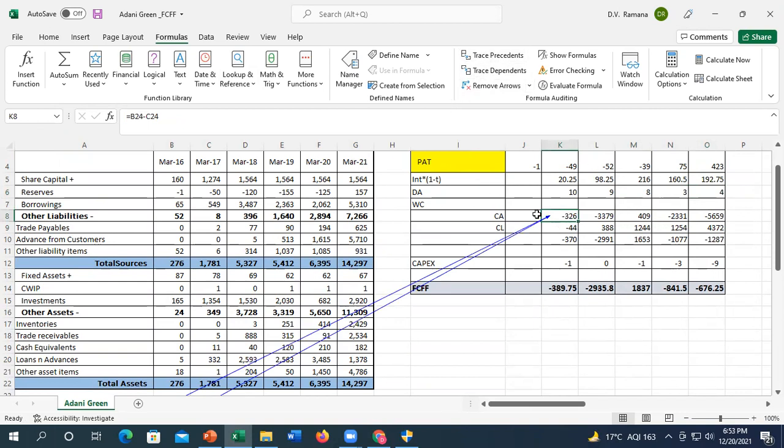So we can see that the current assets have been rising. So increase in current assets is a non-cash item. So therefore, we are deducting it, and decrease in current liability is again an outflow of cash. So therefore, the changes in working capital is change in current assets and the current liability.